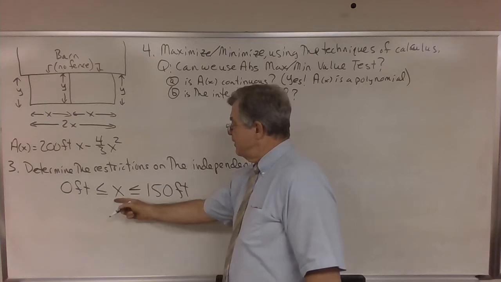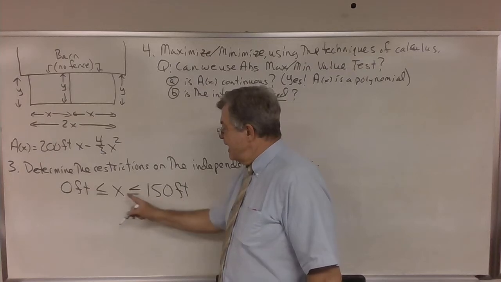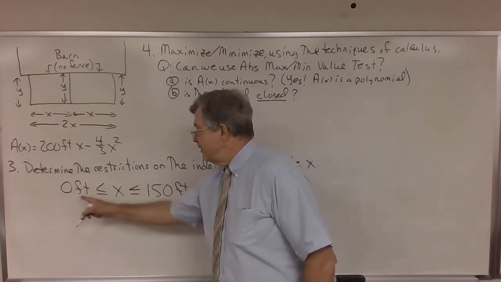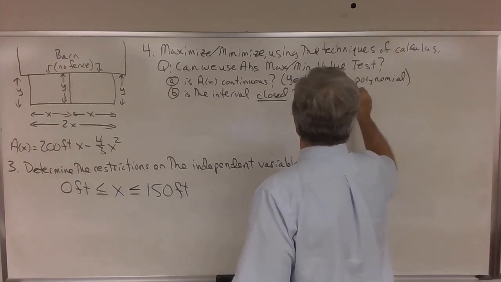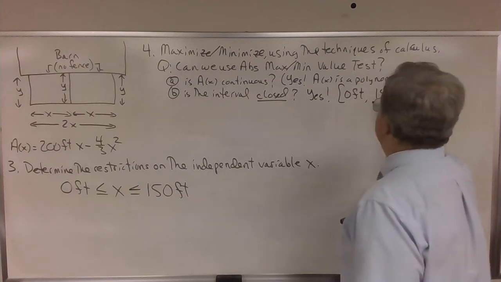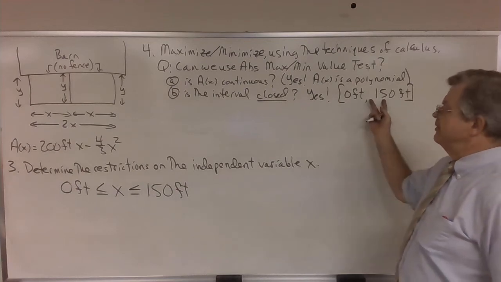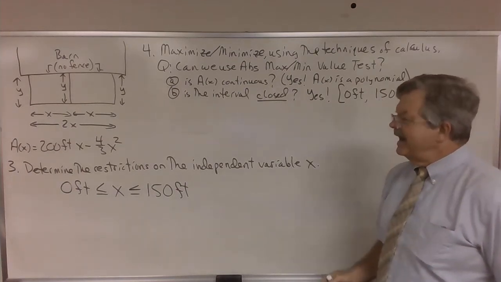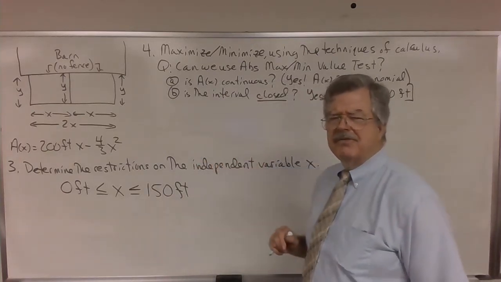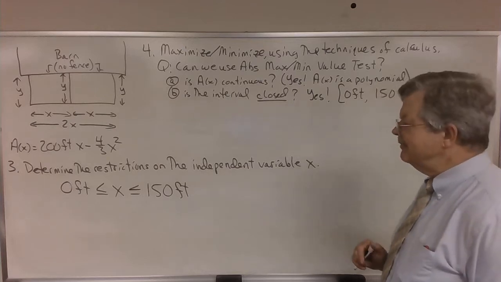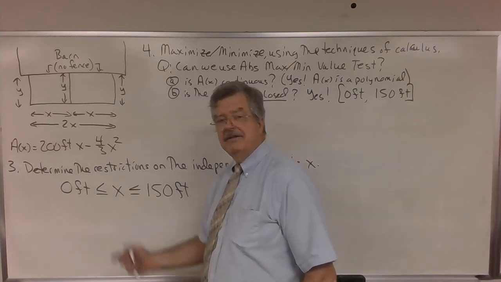Well, here's the interval right here. X is between 0 feet and 150 feet, and X can equal either of the endpoints. Here's the interval, 0 feet, 150 feet. And this is part of the reason why I carried things to such absurd extremes. I want to be able to use this absolute max-min value test. So I want my function to be restricted to a closed interval of finite length.